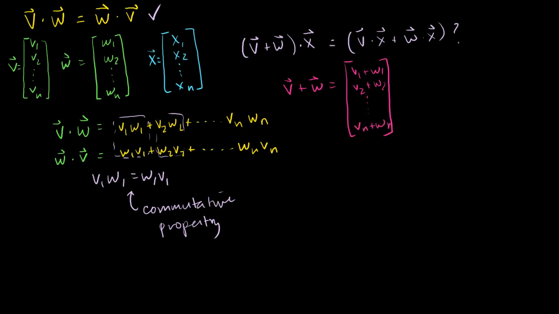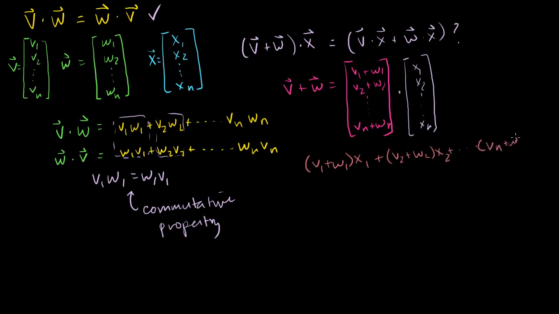That's that right there. And then when we dot that with x1, x2, all the way down to xn, what do we get? Well, we get v1 plus w1 times x1 plus v2 plus w2 times x2 plus all the way to vn plus wn times xn.